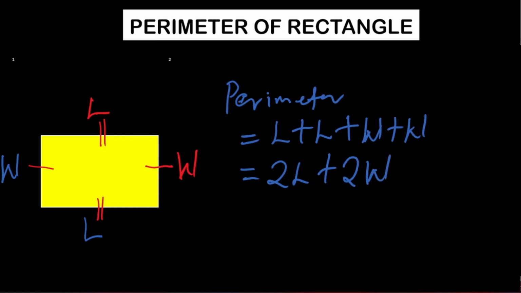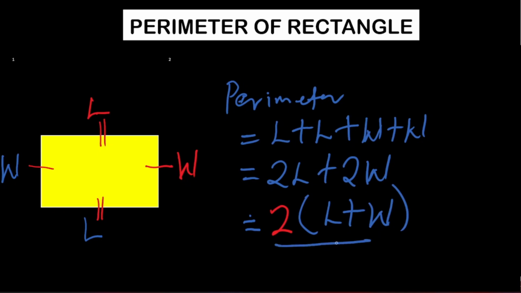You can have it this way, or you can factor out 2 there. When you factor out 2, this will be 2 in brackets, length plus breadth or width. So this is the formula for calculating the perimeter of a rectangle. I hope that is clear.